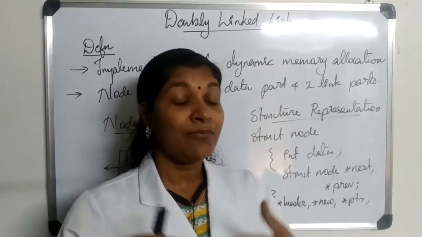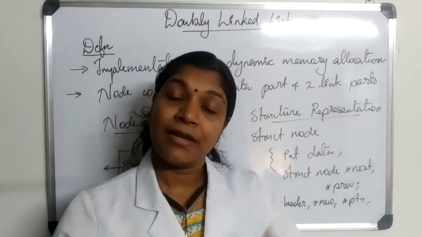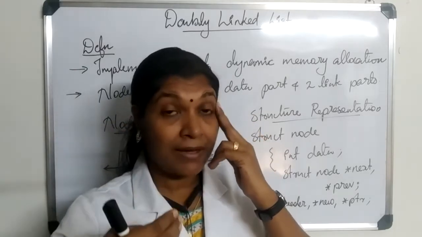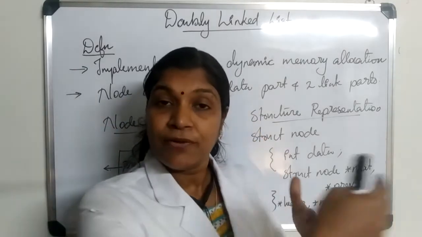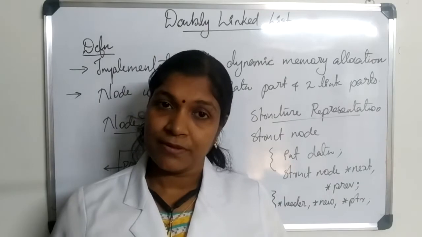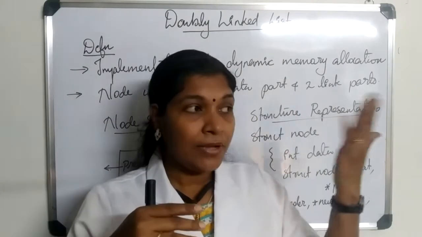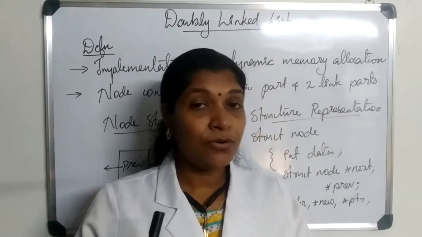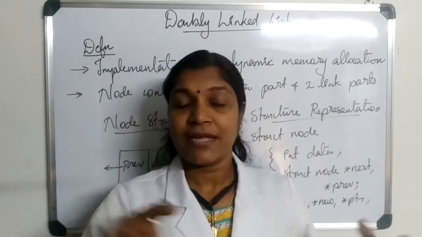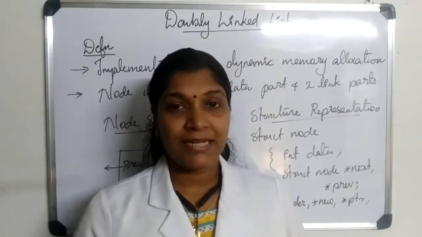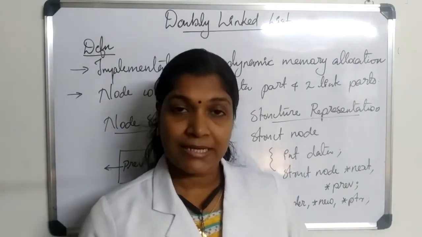So in order to avoid that difficulty, in our doubly linked list, an extra link part is introduced which also makes movement from right to left possible. Okay, so standing at one node, we can point to the right node and also the left node, that is, the previous and next node, in doubly linked list. So this is the peculiarity of a doubly linked list.